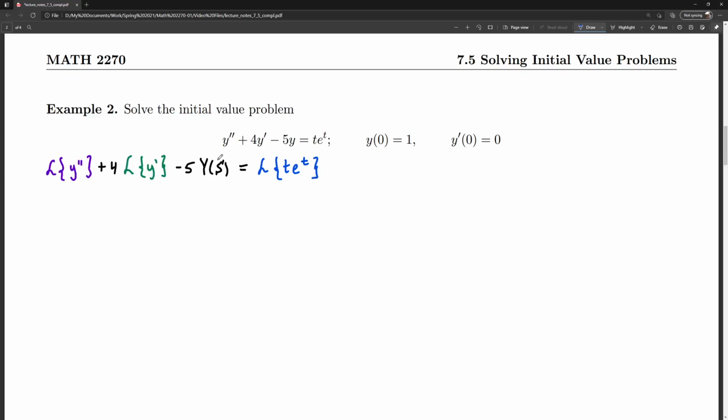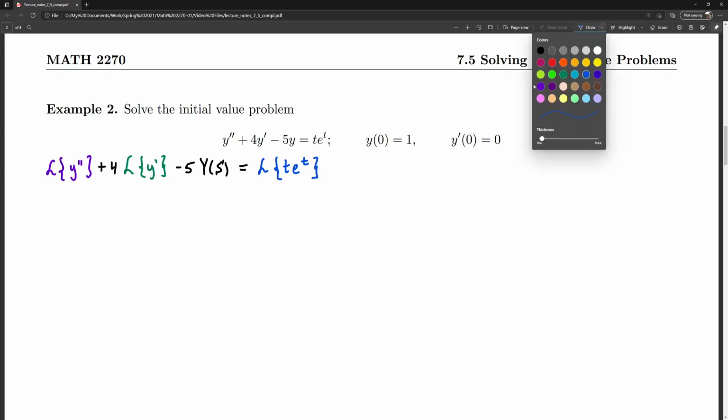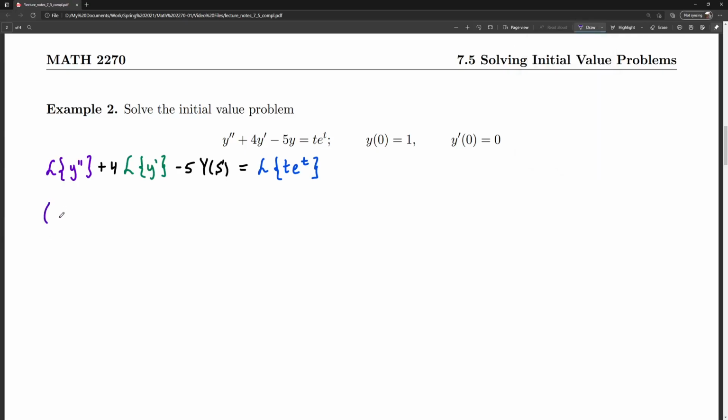So now we use the properties of the Laplace transform for the second derivative. And so the first part becomes s squared times Y of s minus s times y of 0, and then minus y prime of 0.